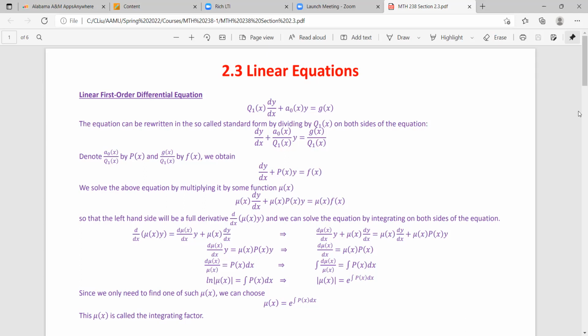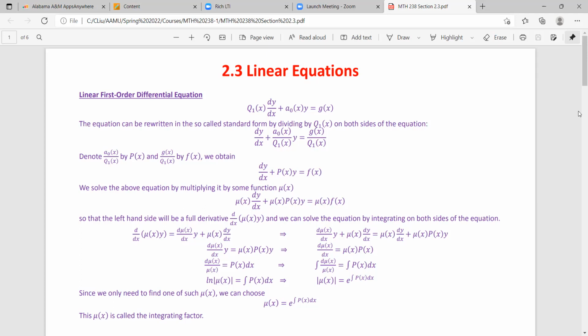So the very first step is always to write down the equation in standard form by dividing by the function a1 for the y prime coefficient, if you want. And that's called the standard form. You want to make the coefficient of y prime to be 1. So if you do that, you're going to get dy over dx plus a0(x) over a1(x) times y equals g(x) over a1(x).